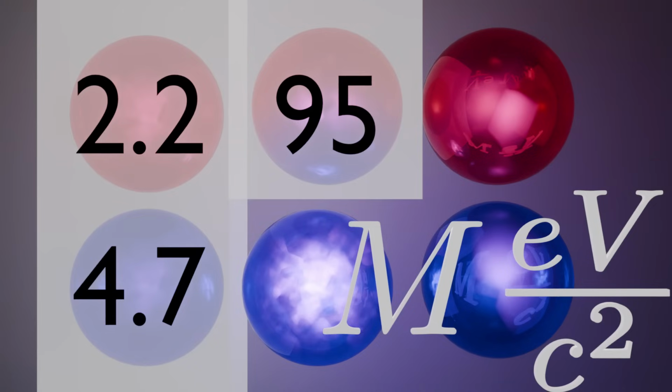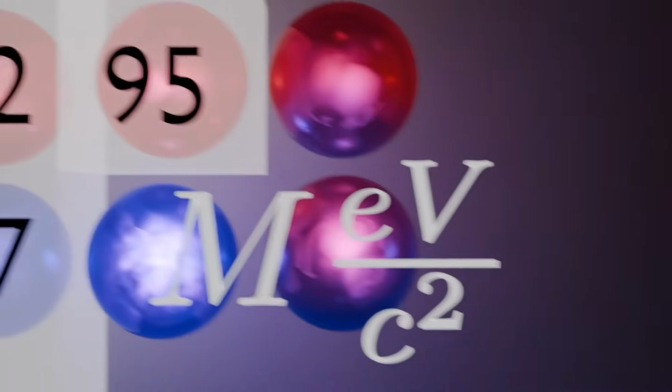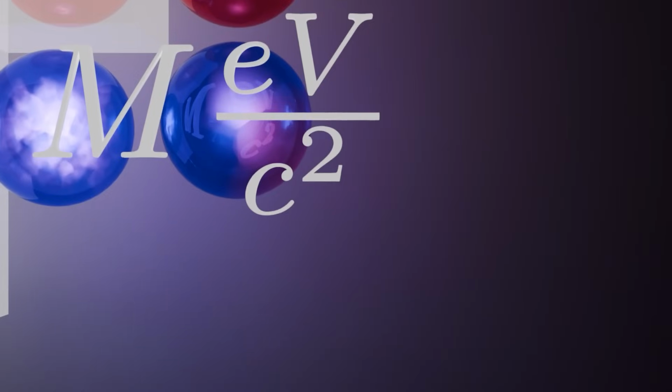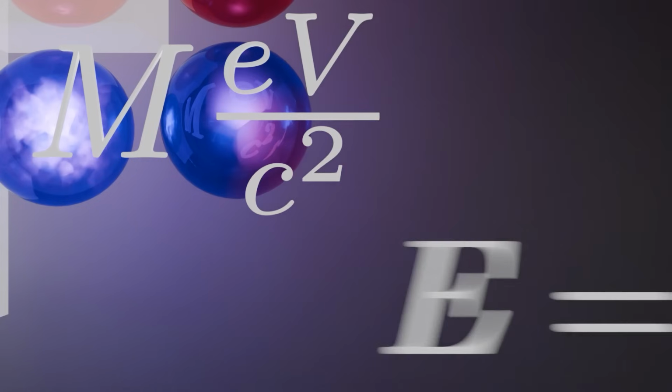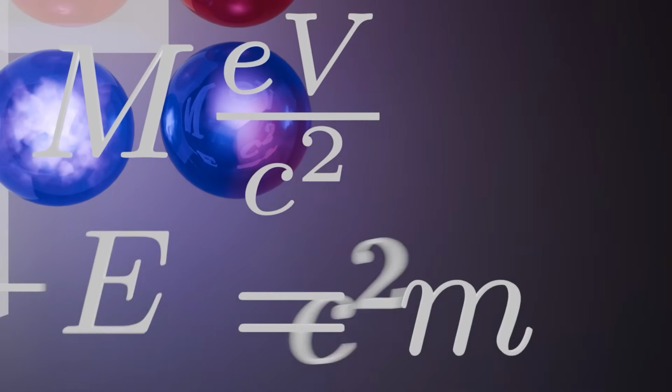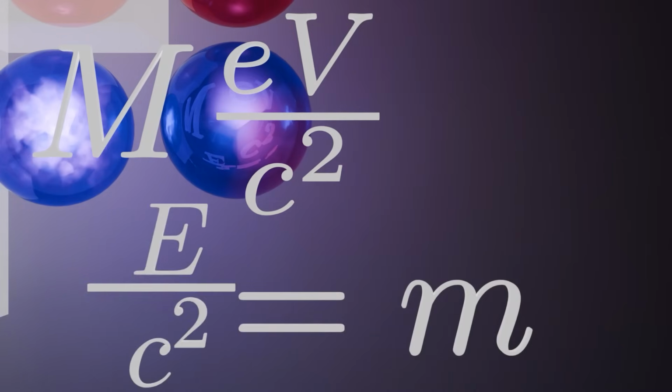And yes, mega electron volts divided by the speed of light squared really is a unit of mass, and actually it kind of makes sense to measure it this way. As one really high man once said, E equals mc squared, so E divided by c squared equals m. Electron volts are a measure of energy, so yeah, it should make sense.